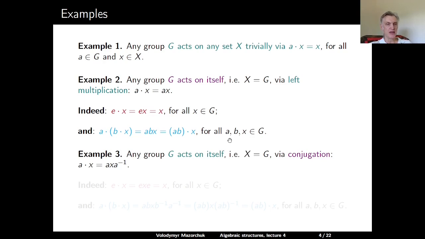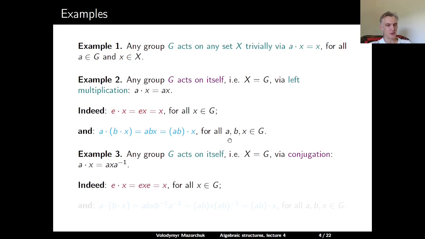Example 3. Any group G acts on itself by conjugation. If we take an element a in G and we apply it to the element x in our set X, which is our set G, the outcome is the product a times x times a inverse.